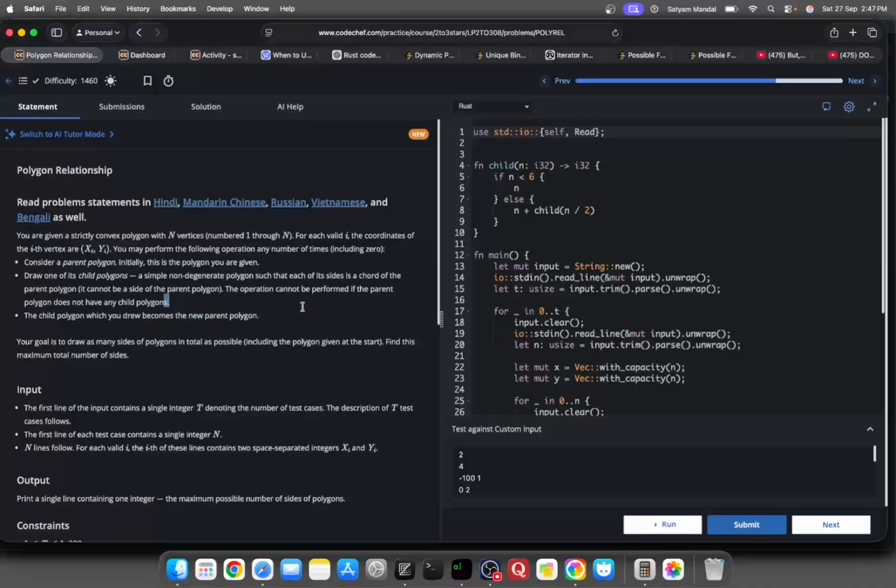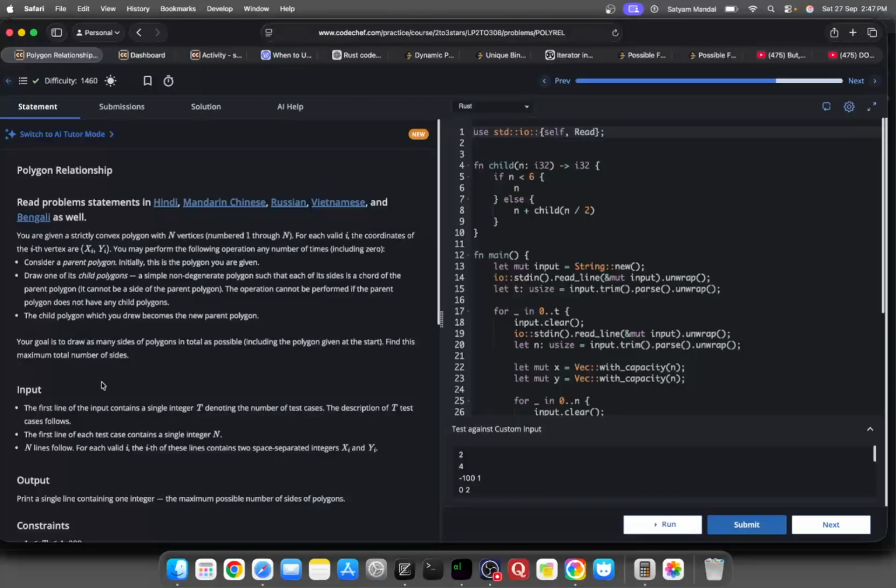Let's check how this happens. The child polygon which you have drawn becomes the new parent. So your goal is to draw as many sides of polygons in total as possible.